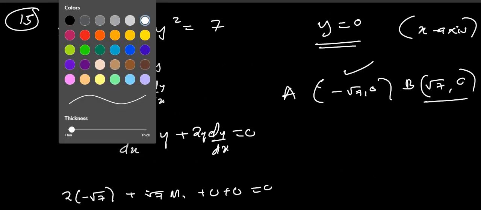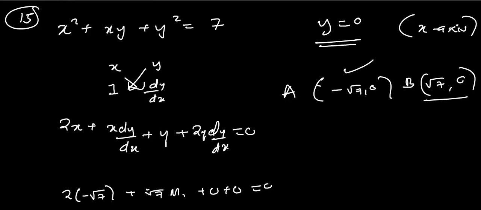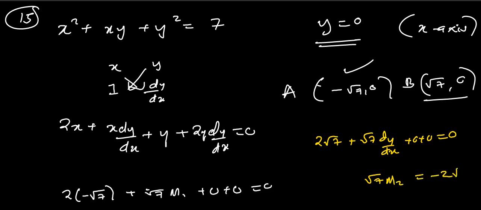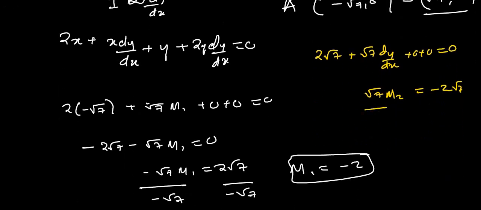The next thing is, at the other point, we try to get the slope. Let me do it in a different color. So if we replace x with root 7, we get 2 root 7 plus root 7 dy dx, that's our m2. The y terms are 0. Equate this to 0. You will notice that if this is m2, negative 2 root 7 over root 7, meaning m2 is equal to negative 2.